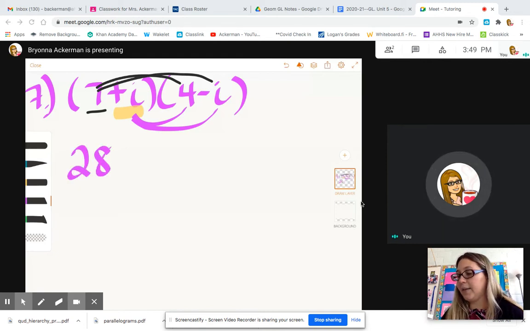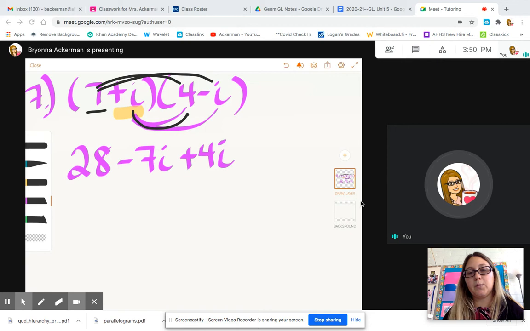Then I have 7 times a negative i. That's going to give me a negative 7i. And then I'm going to have i times 4, so that gives me a positive 4i. And then the last one is i times negative i. That gives me a negative i squared.